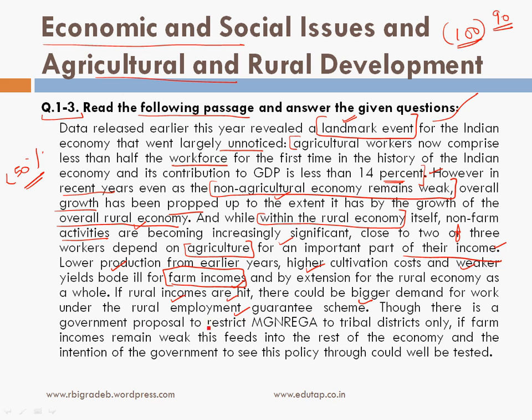Though there is a government proposal to restrict NAREGA to tribal districts only, if farm incomes remain weak, this feeds into the rest of the economy, and the intention of the government to see this policy through could well be tested.